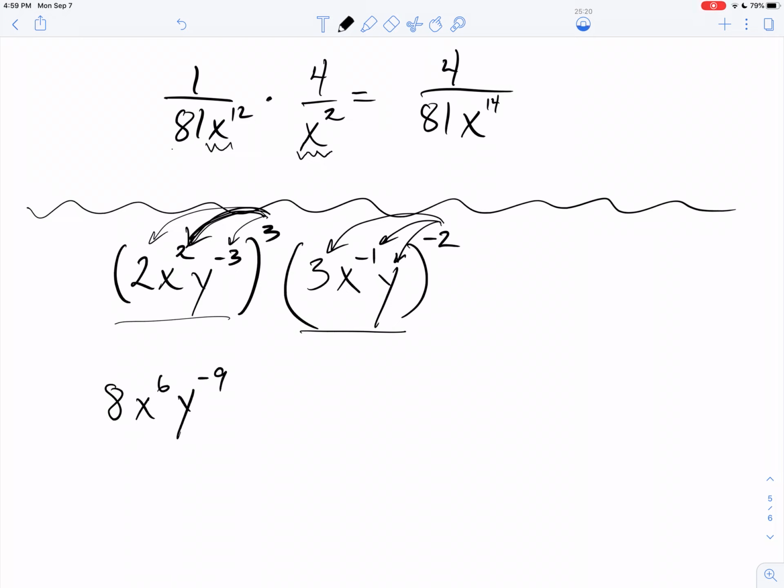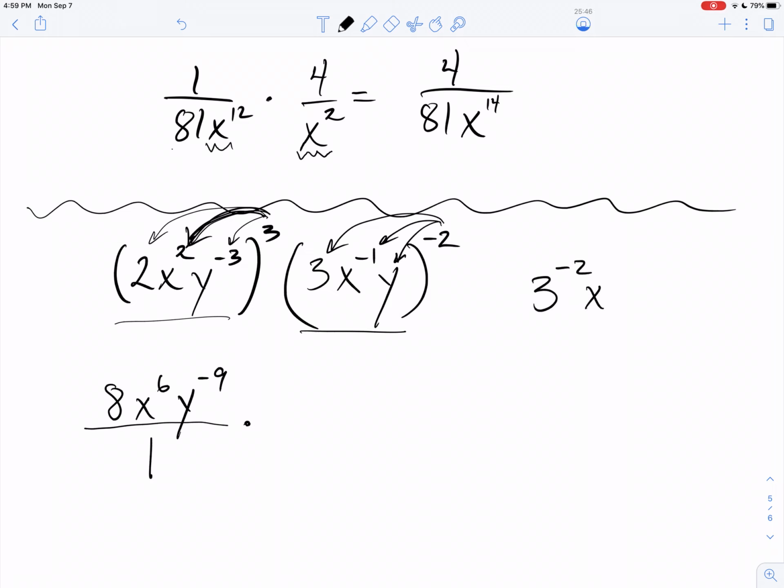I am done multiplying. But you know what? I'm going to make it look like a fraction because I see that there's one piece of the puzzle that's going to travel. It's not the 8. It's not the x to the 6th. The y to the negative 9 is a traveler. Now, I'm going to see what happens over here. Now this one I'm probably going to write a middle step in because I see I'm going to get 3 to the negative 2.